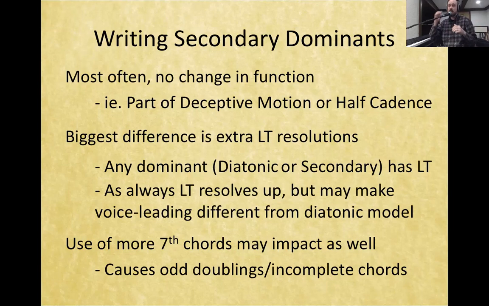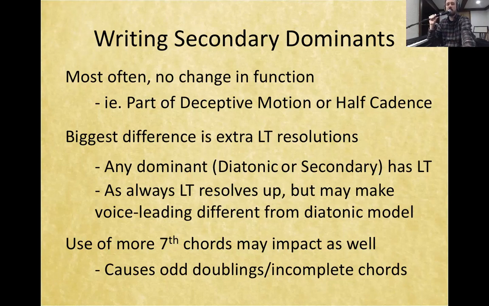And the beauty here is we can get away with some of these strange doubling and incomplete chord situations. We can get away with all of that if the function of the harmony is logical, and if the part writing allows these notes that have really specific directional goals to do what they want to do.